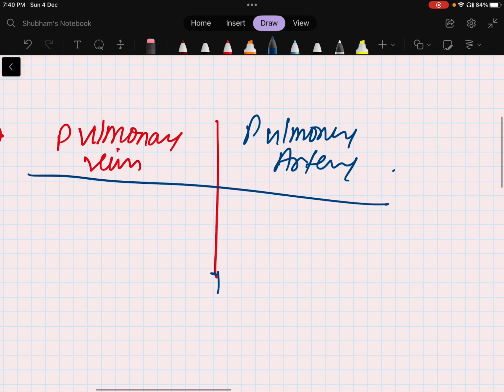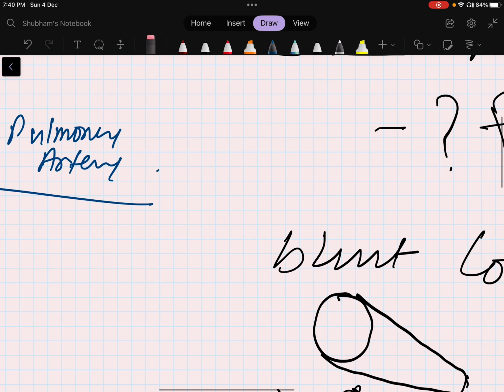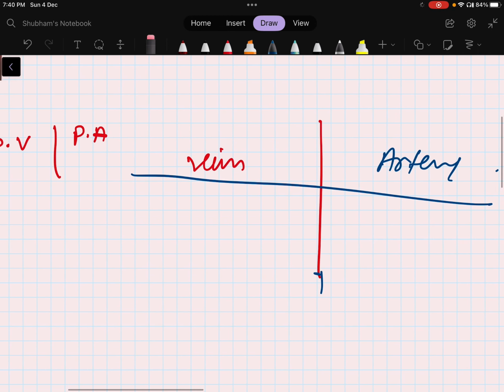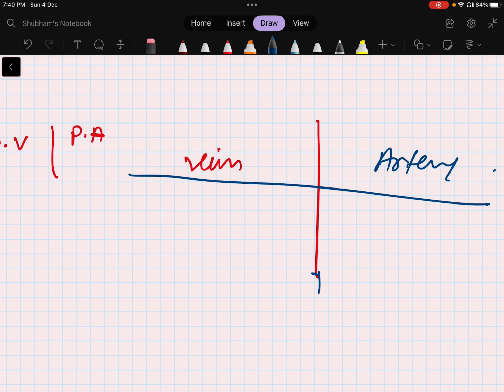Okay, so before that, let me give you a basic idea of what vein versus artery means. What is a vein? Blue in color, you could say that, but in anatomy we don't have blue or red color. We can't distinguish in a dead organ. If you have a cross section of an organ, you can't distinguish whether it's artery or vein just based on the color.